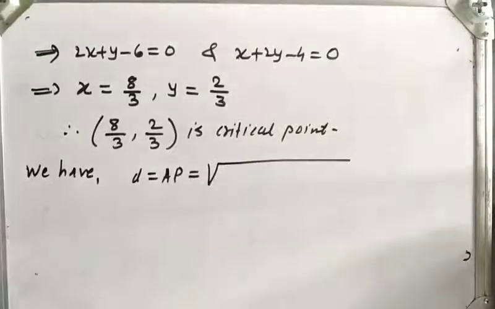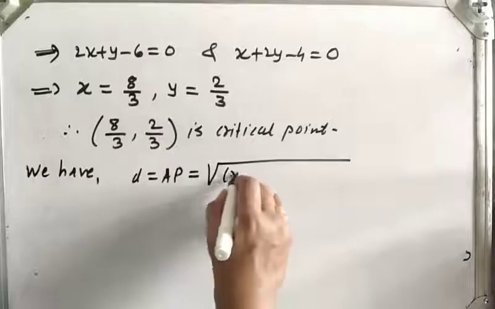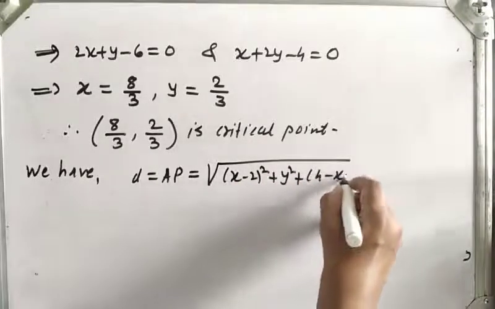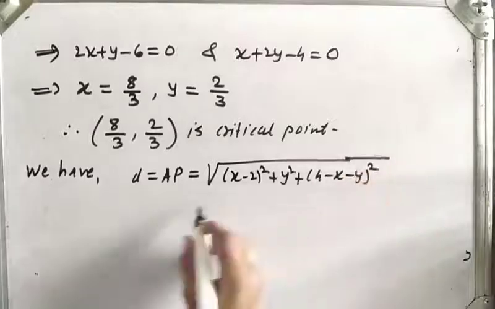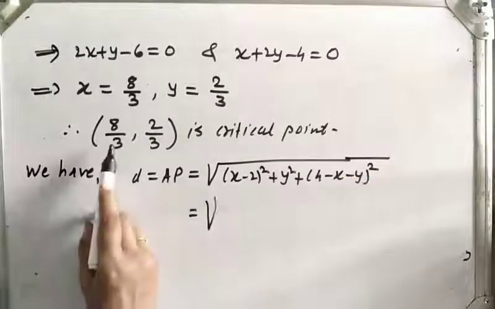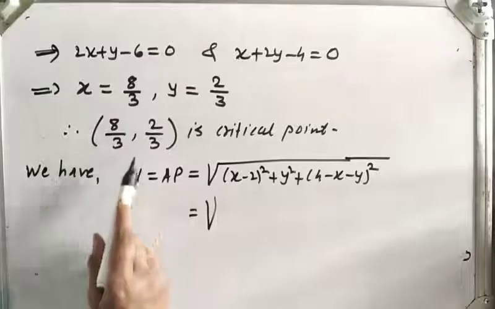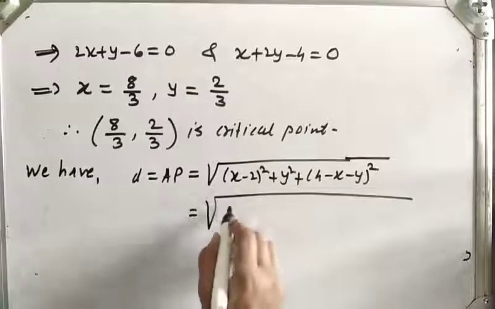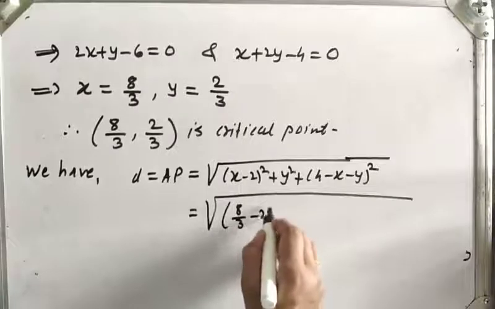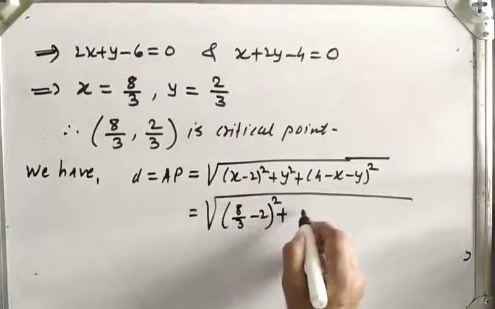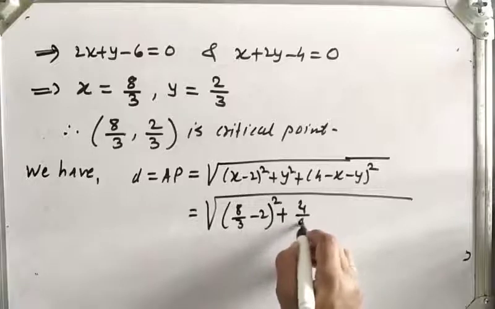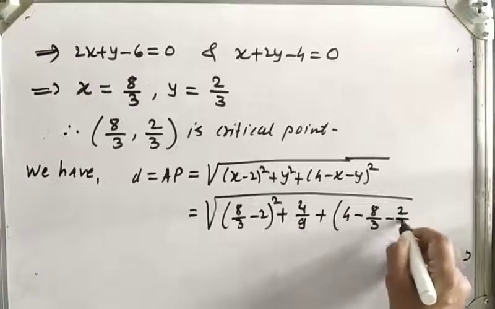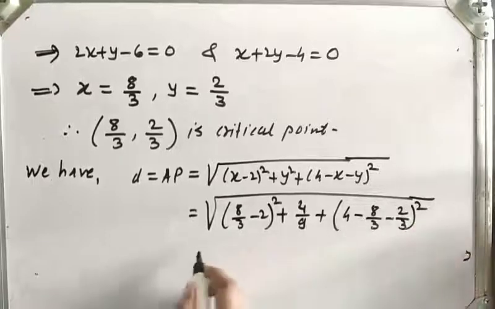The formula was the square root of (x minus 2) bracket square plus y square plus (4 minus x minus y) bracket square. Now we have found the value of x, 8 by 3, and the value of y, 2 by 3. So replace here: x is 8 by 3 minus 2 bracket square, plus y is 2 by 3 square, that is 4 by 9, plus (4 minus 8 by 3 minus 2 by 3) bracket square.